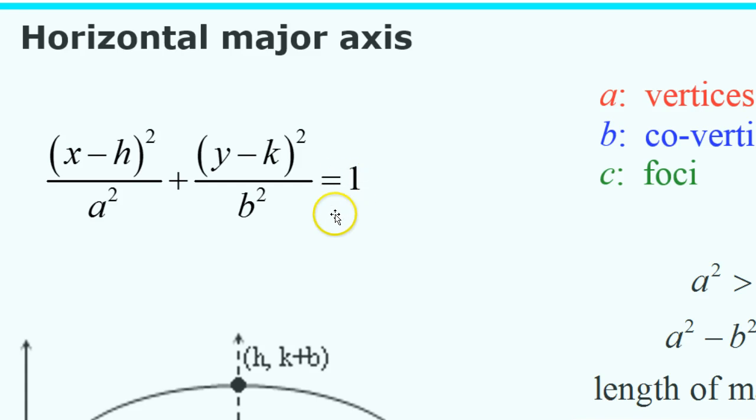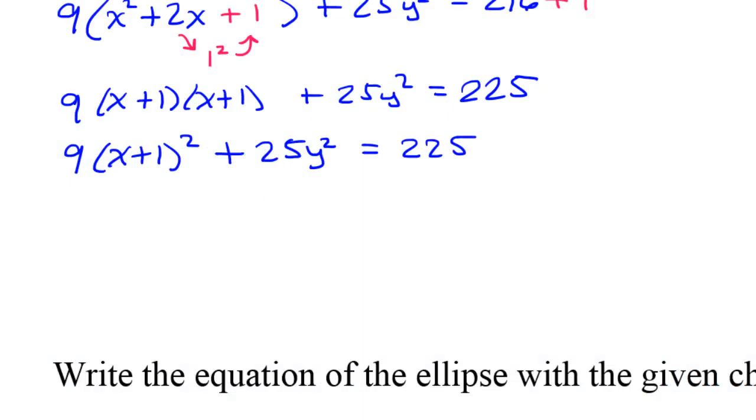Alright, again, we always need equal 1 on the right hand side, so I need to divide both sides by 225 to get that 1.